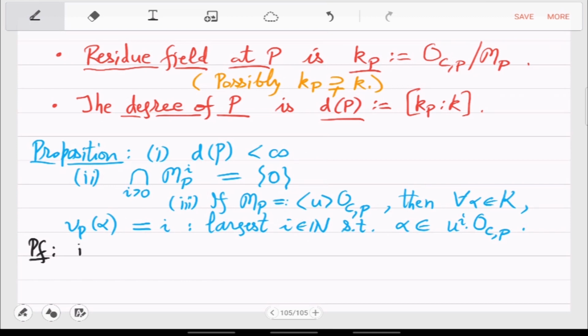What is the proof of the first property? How do you show that the residue field is of finite degree? Let M_P be generated by this uniformizer u.